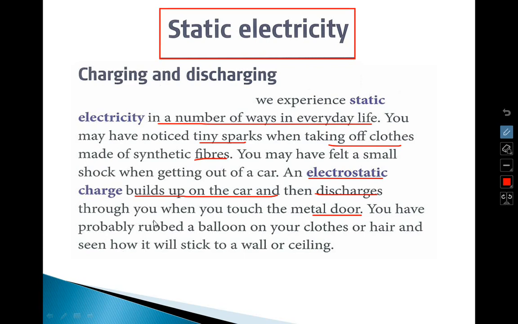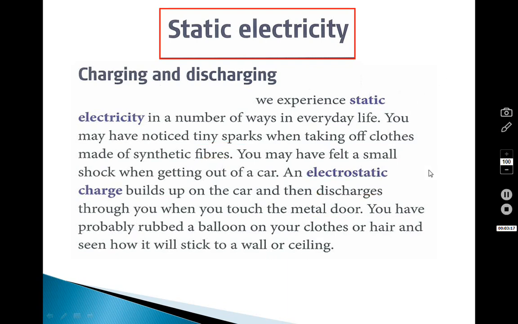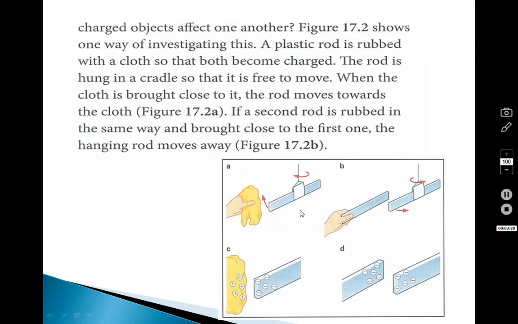The charging and discharging. As we can see here in this figure, there are some charged objects that affect one another.